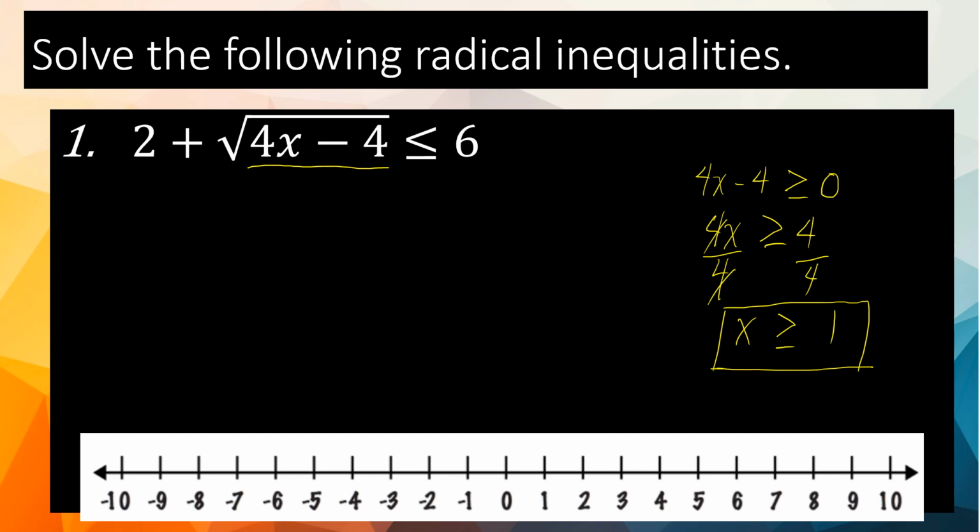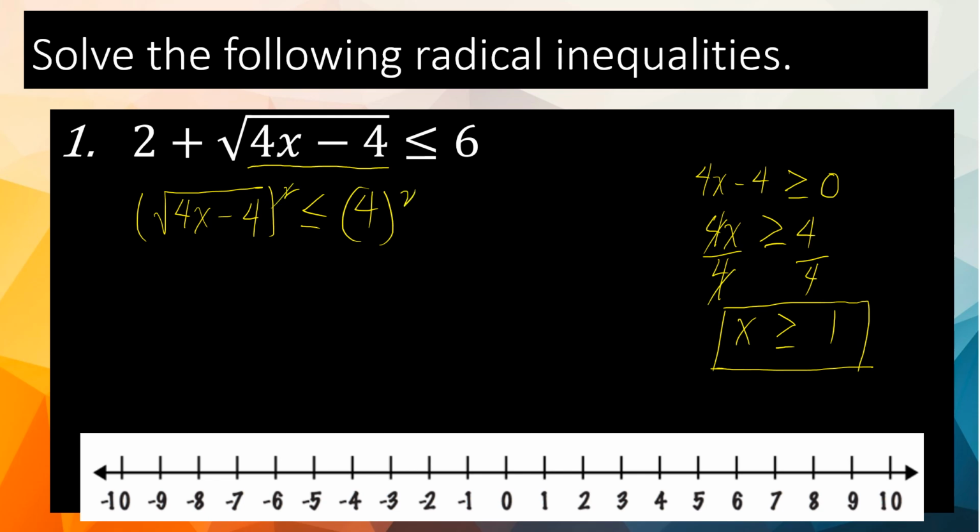So here we will leave square root of 4x minus 4 on this side, and we will transpose 2 to the other side. So we will have square root of 4x minus 4 is less than or equal to 6 minus 2, and that is 4. Okay, now for us to cancel out our radical, we will square both sides. So let's square that.